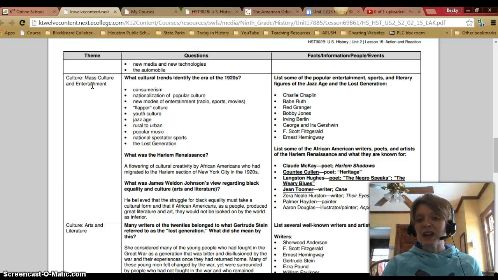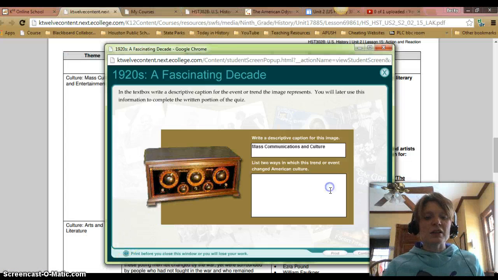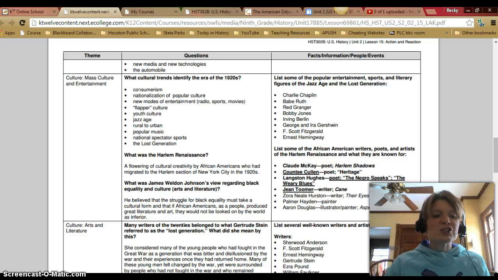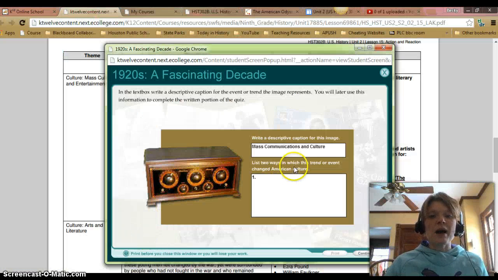The new modes of entertainment opened a lot of doors for people. They can now hear the same news whether they're living in California or New York. They can listen to the same music. A nationalization of popular culture. I kind of like that to summarize the whole concept there. So let's put that down. What was it again? A nationalization of popular culture.